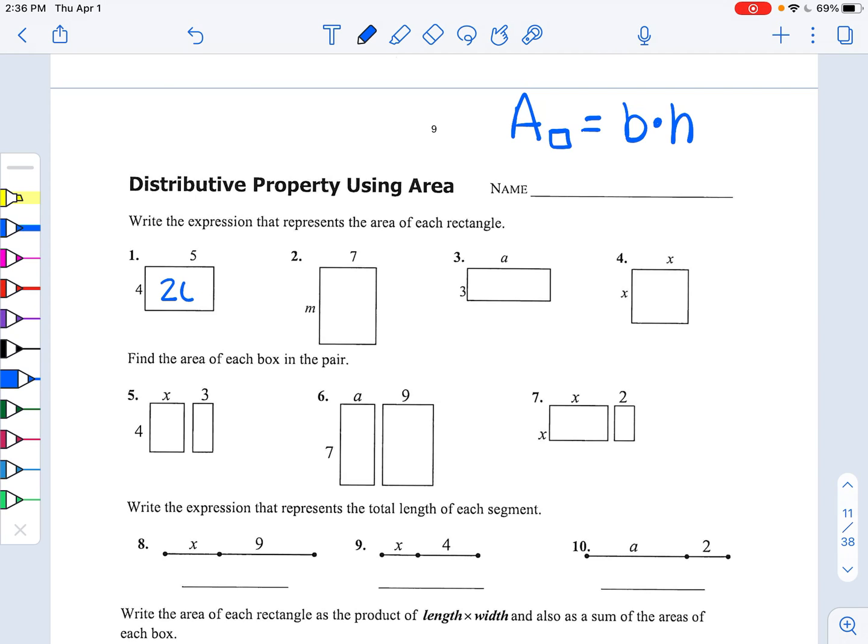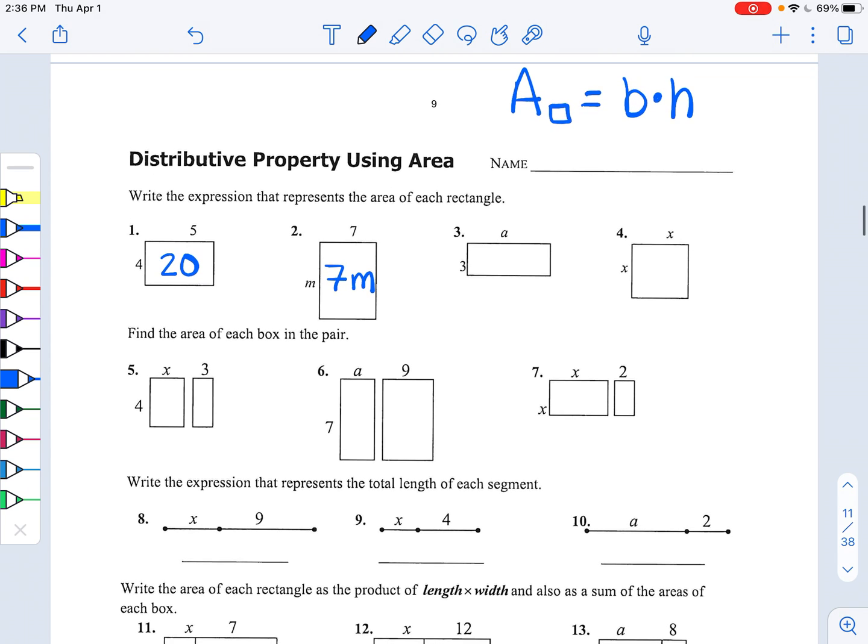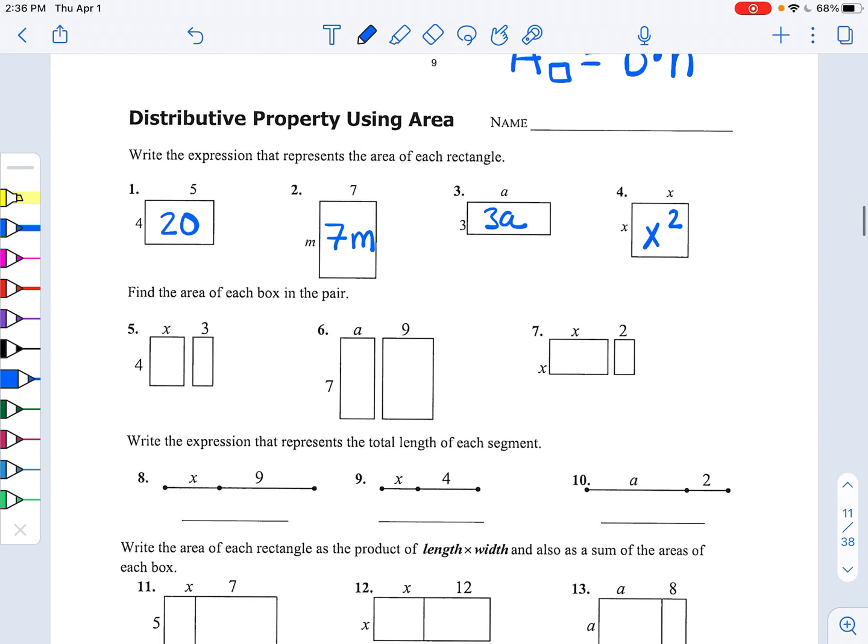So on number 1, you would have 5 times 4, and that's 20. And number 2, you have m times 7. Well, m times 7, the coefficient must go first, so you would have 7m. 3 times a would be considered 3a. And on number 4, you have x times x. X times x is simply x squared.